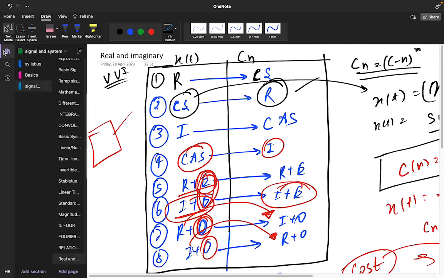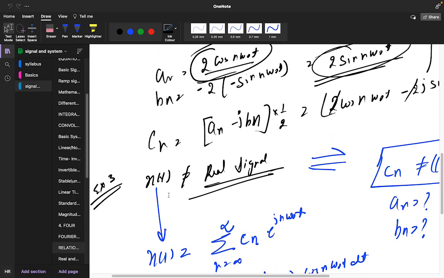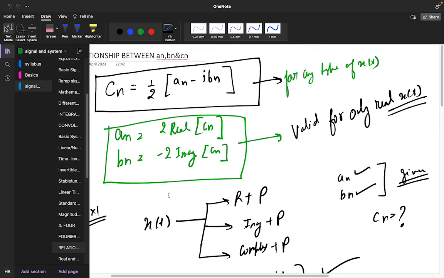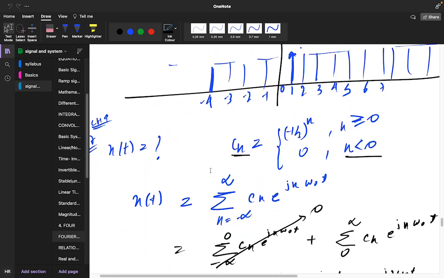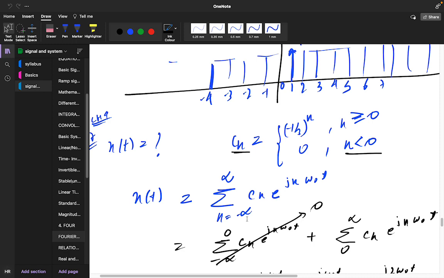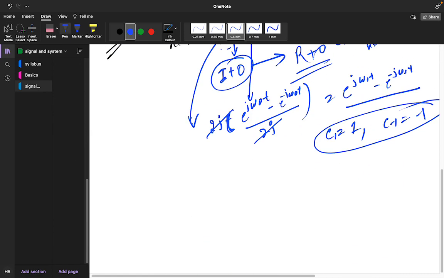I hope we discussed these things, the C of n formula in the Fourier series exponential. x of t is the summation n equals minus infinity to infinity of Cn e power jn omega naught t.